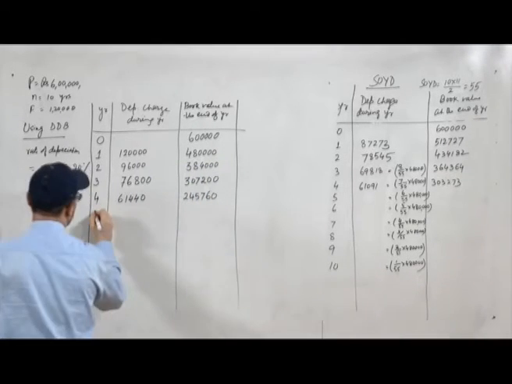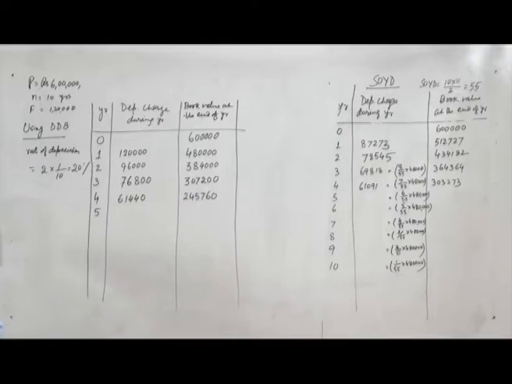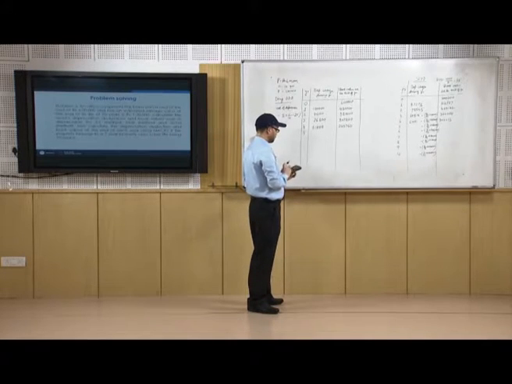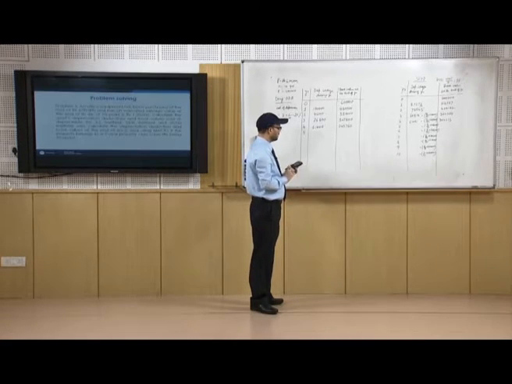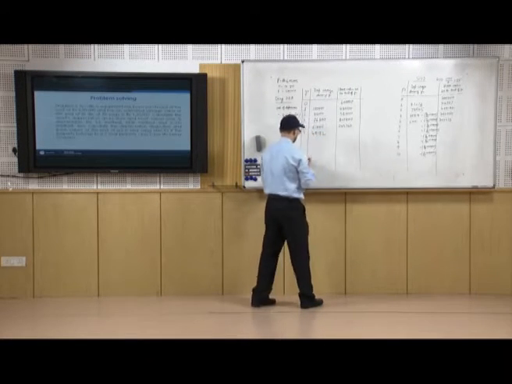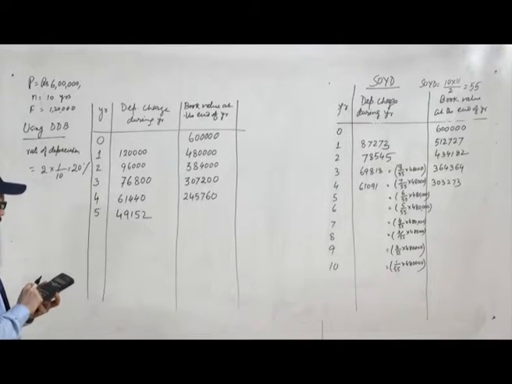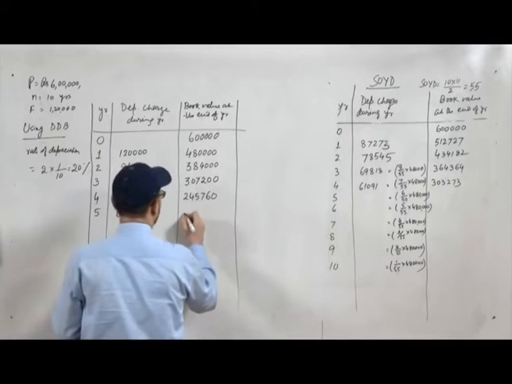Then in the fifth year you get 20% of this. So, 0.2 times 245,760, it will be 49,152 and book value comes out to be 196,608.